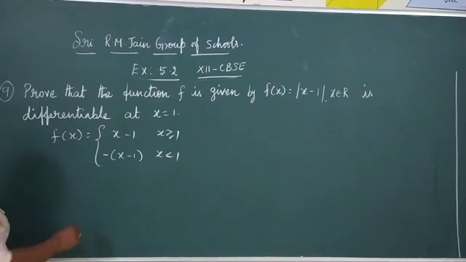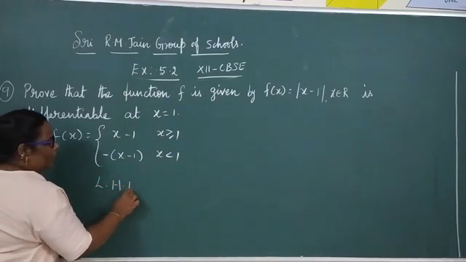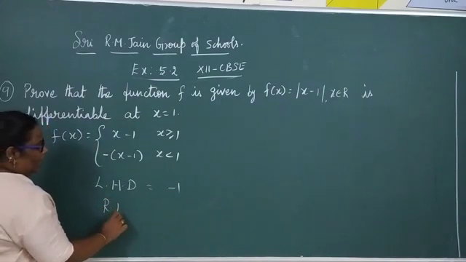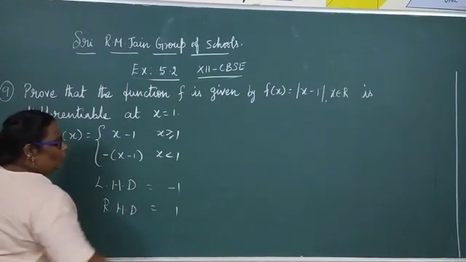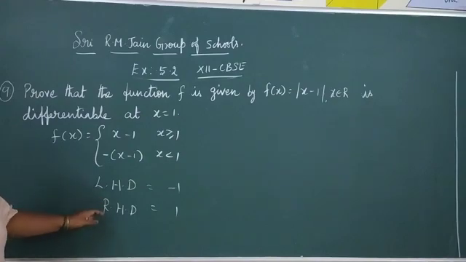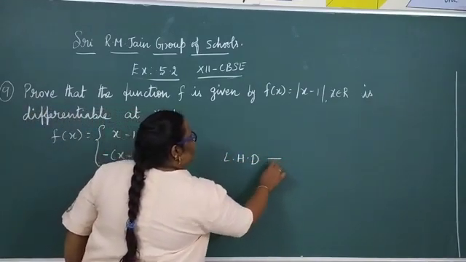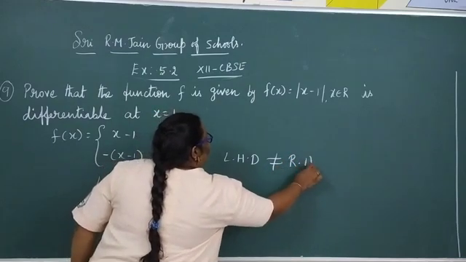See what values we are getting. Left hand derivative equals minus 1. Right hand derivative, you are getting the value 1. So they are not equal. Left hand derivative is not equal to right hand derivative.